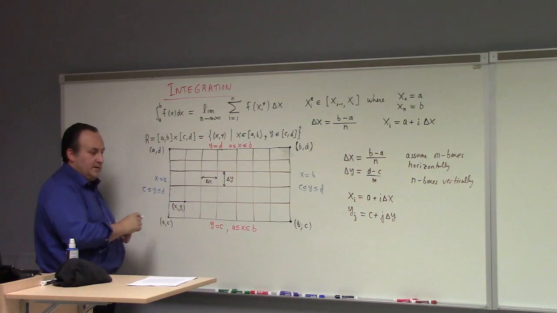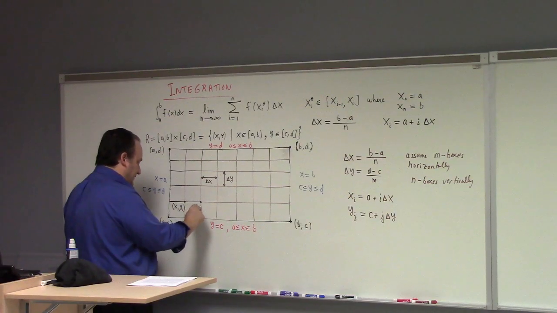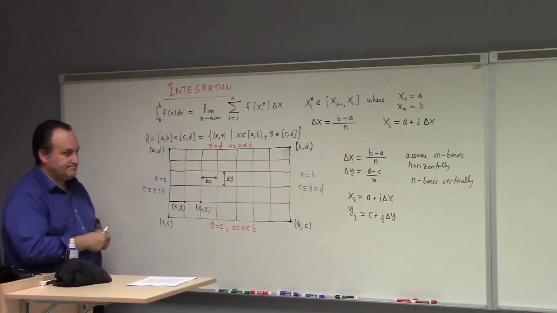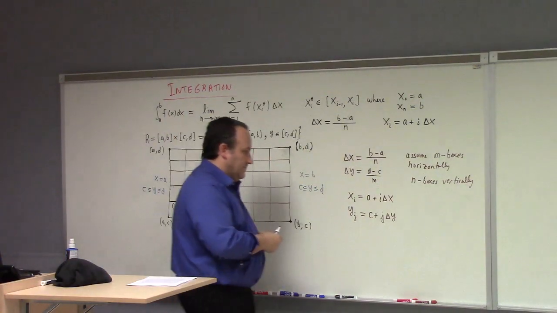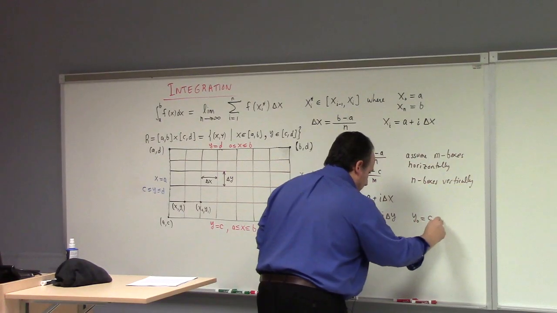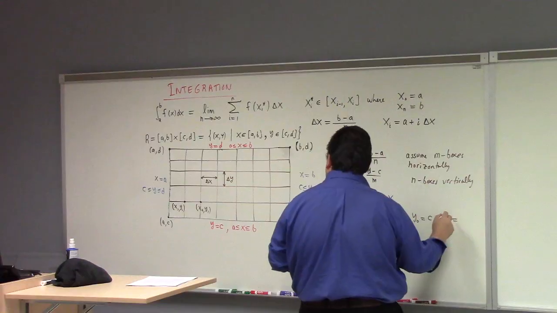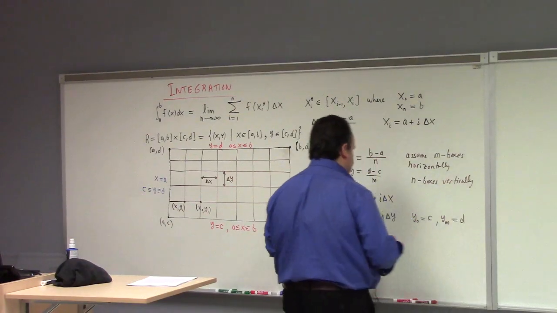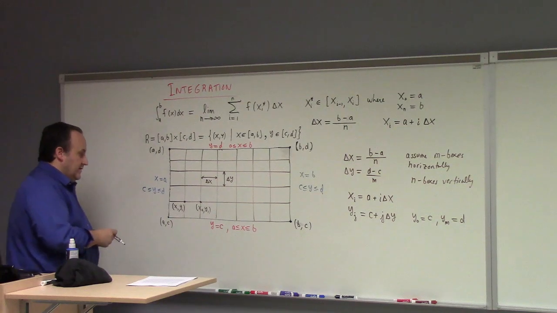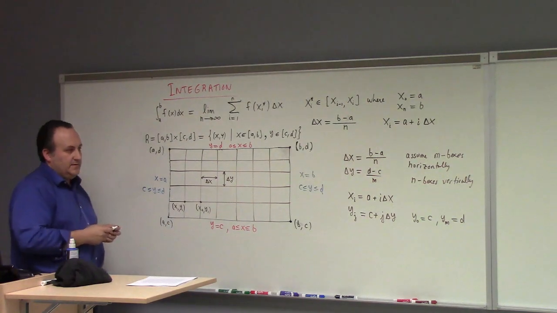This point right here would be x2, y1, right? So like here, y sub 0 is c, and y sub m is equal to d. All right. So we have these points that are defining the grid.